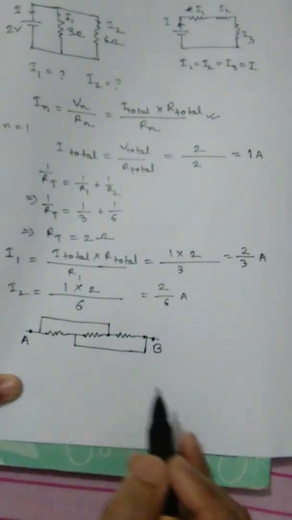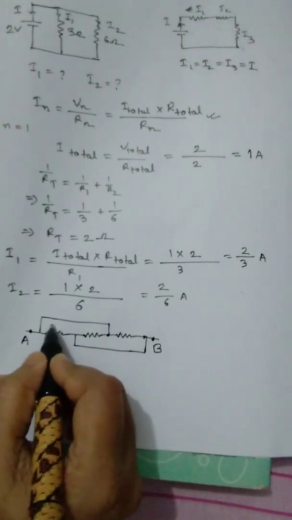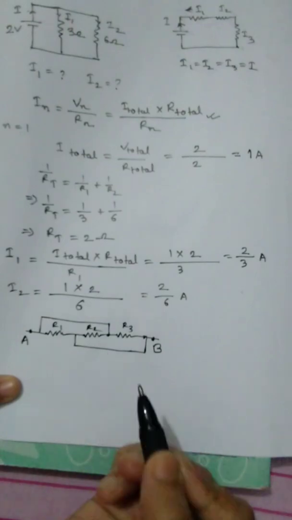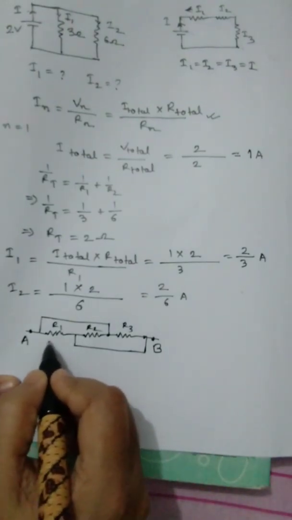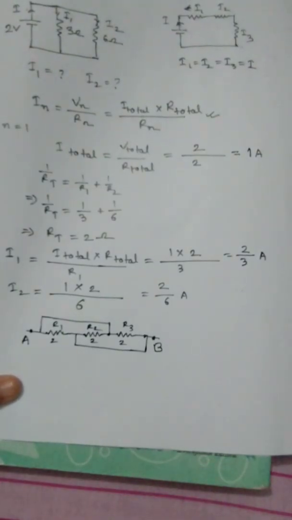So what is the equivalent? For example, all these resistors, this is R1, this is R2, this is R3, and all are of 2 ohms. So what is the equivalent resistance of this circuit?